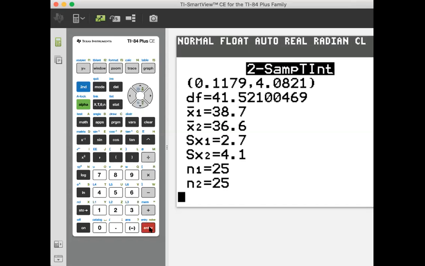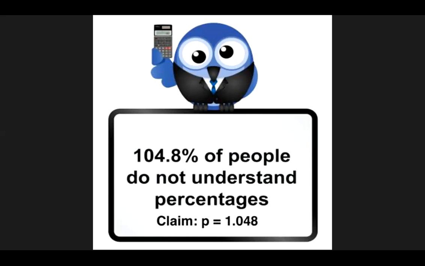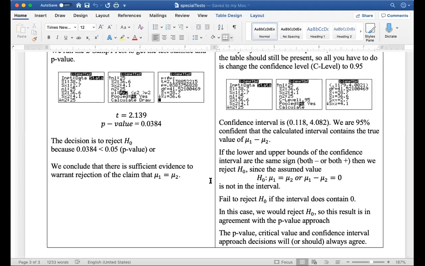And does that support what we had done when we used the p-value approach? Let's take a quick peek and see. We rejected H0 using the p-value approach. We would have rejected H0 using the critical value approach, and we would have rejected H0 using the confidence interval approach. Okay, so you will reject H0 in a 2-SampTTest if you used a critical value.